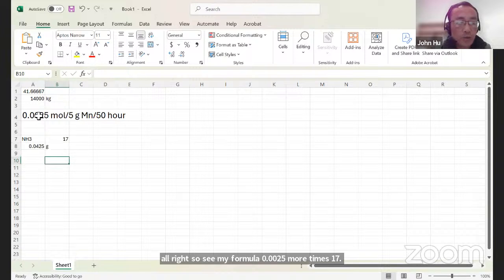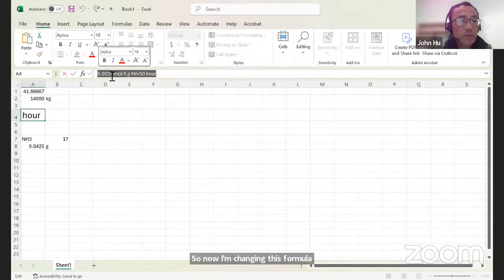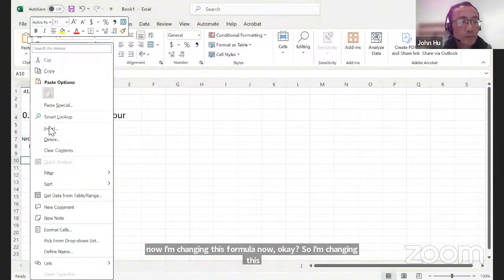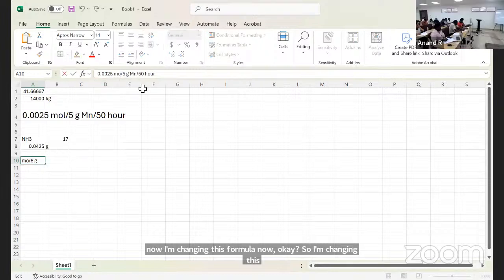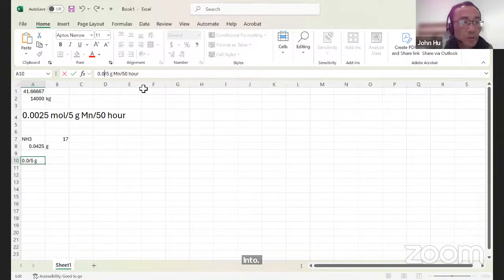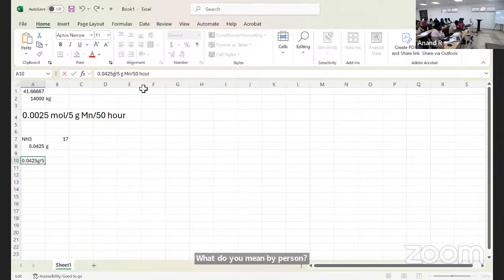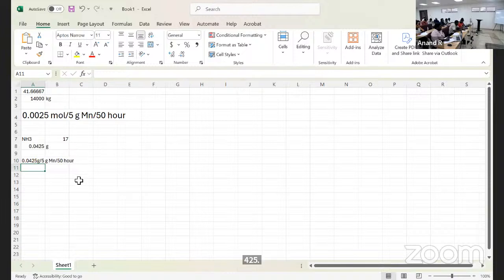So now I'm changing this formula, 14 plus 3. It's 0.0425 gram. Is that right?